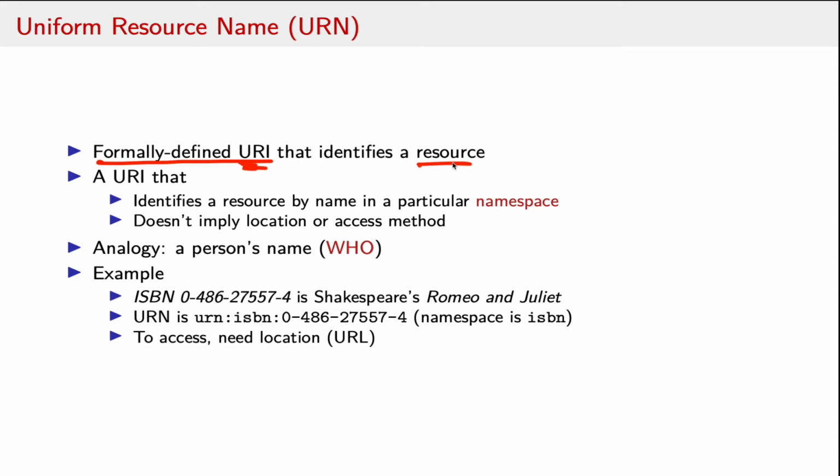So it's going to, in particular, identify the resource by giving it some name in a particular namespace. So namespace, as you may be familiar with from, say, programming language terminology, is just a container to put names into, names of functions, procedures, classes, or whatever. In our case, we're going to be putting uniform resource names in a namespace. It allows us to kind of segment names into different groups.